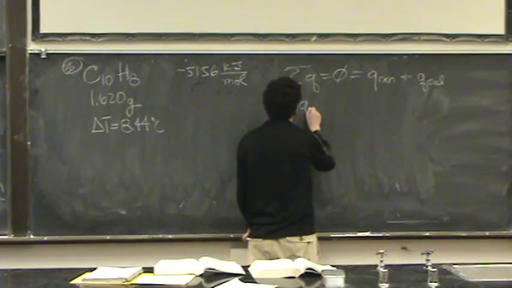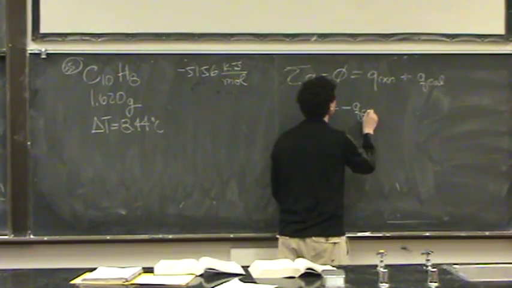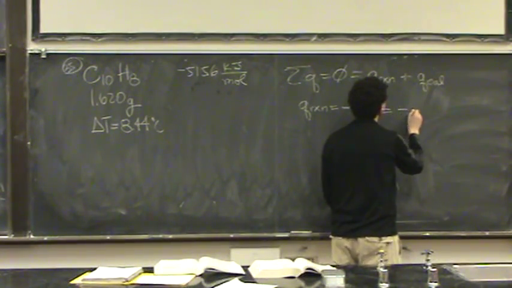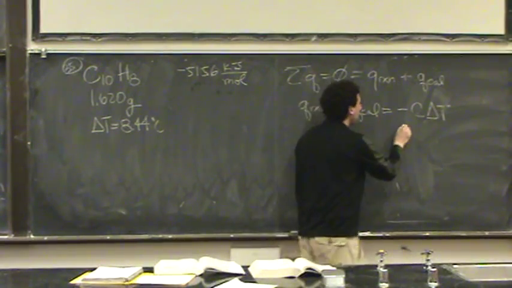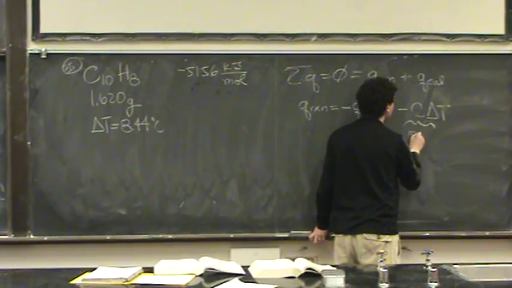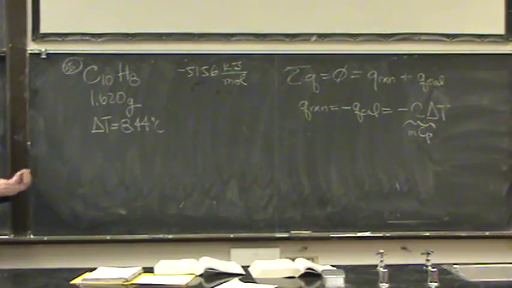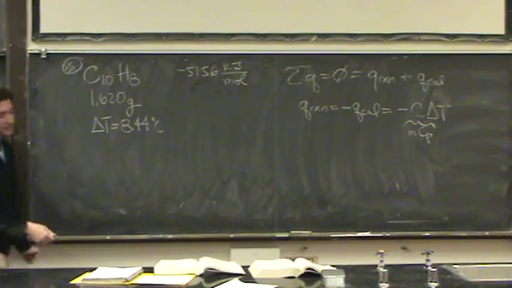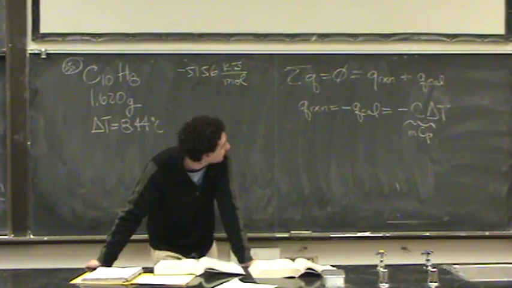So Q reaction equals negative Q cal, which is negative C delta T. And one thing you want to remember when we're doing the bomb calorimeter, they like to lump that MCP, mass times specific heat, into just the C term, which they call the heat capacity. And I think that's basically what it wants you to find, what is the heat capacity.